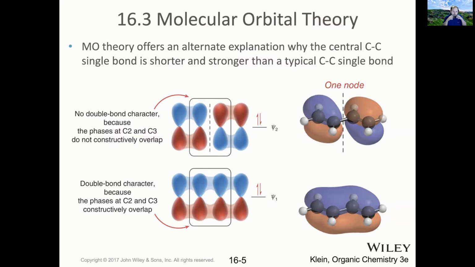There's some pi bond character, some double bond character that the molecular orbital theory shows exists between those two atoms. And so that electron density strengthens and shortens the distance between those two carbon atoms. So it doesn't have the typical carbon-carbon single sigma bond characteristics.